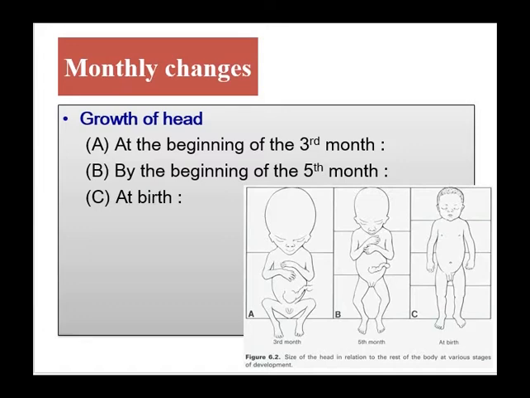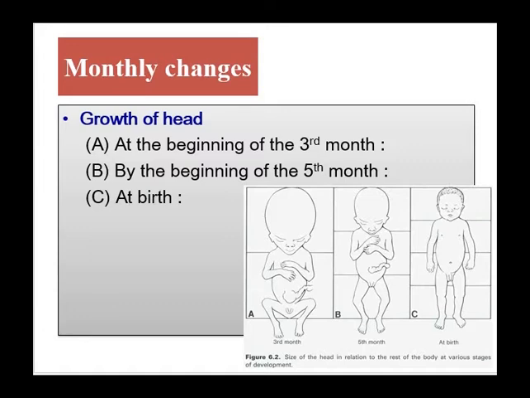As I mentioned before, the length or size of the fetus rapidly increases during the third, fourth, and fifth months of gestation, while the weight increases rapidly around the last 2 months.